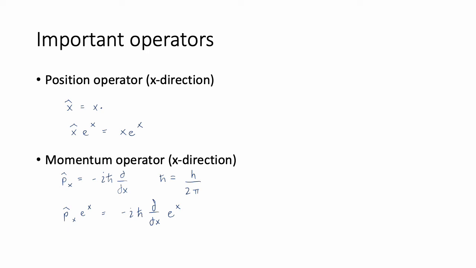The partial derivative is basically equivalent to the complete derivative because the only variable I have is x. The first derivative of e to the x is simply e to the x. So I have this expression, and then I would just multiply it by those numbers, and that's it.